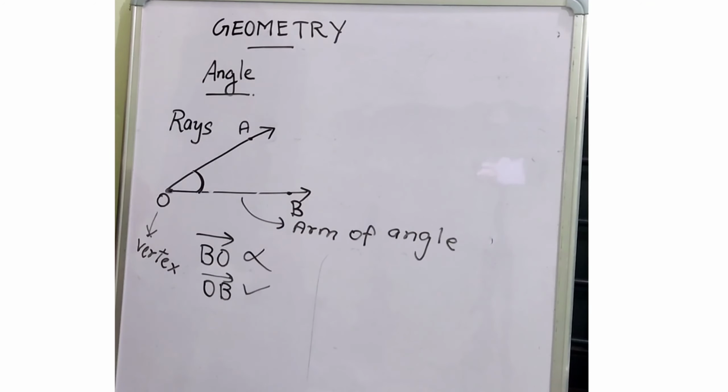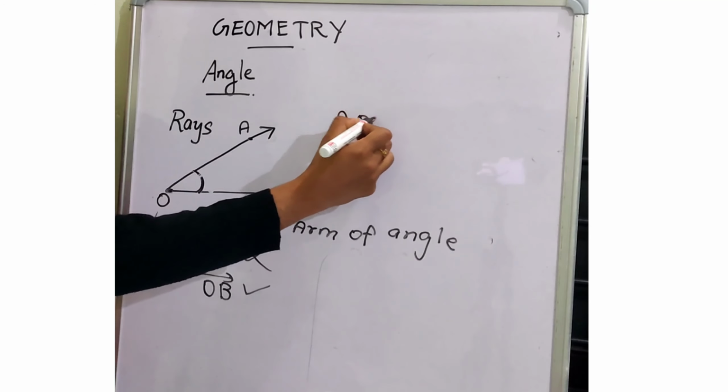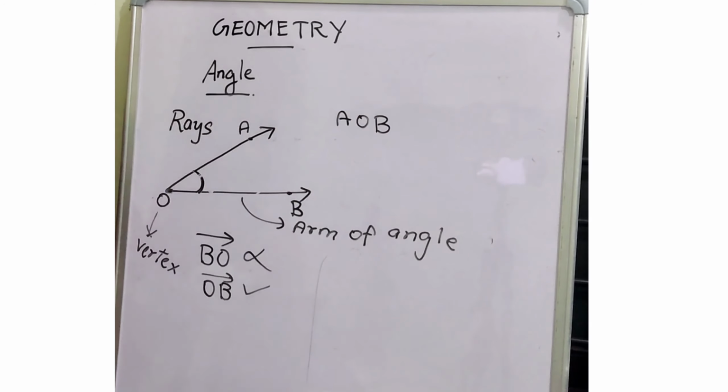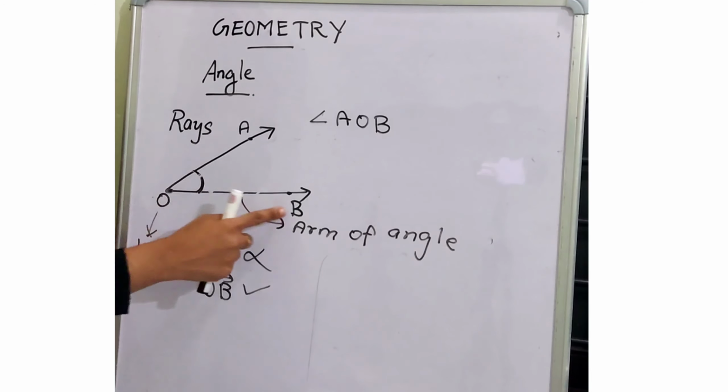Now let me ask you how you can name this angle. You can name this angle as angle AOB. And how can you denote this angle? This angle AOB can be denoted like this, ∠AOB.